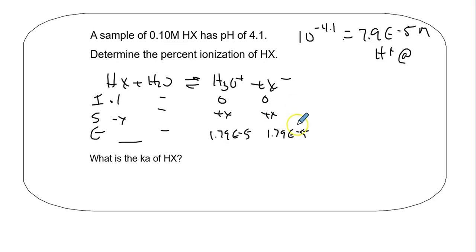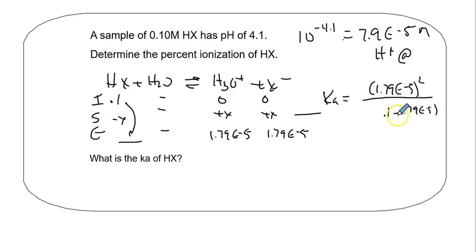And of course, we now know x, which you could subtract off of here, but we're going to use our shortcut rule. If you would like, you can. So the Ka value equals the concentration of 1.79 e to the negative fifth squared over 0.1. And you could take it minus the 1.79 e to the negative fifth if you'd like, but you will find your answer will not be a whole lot different.